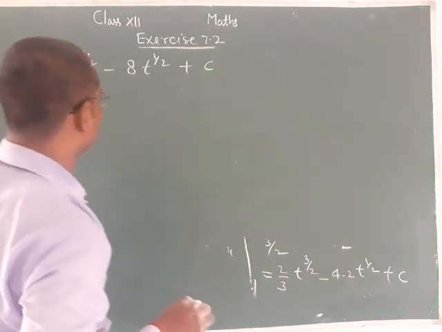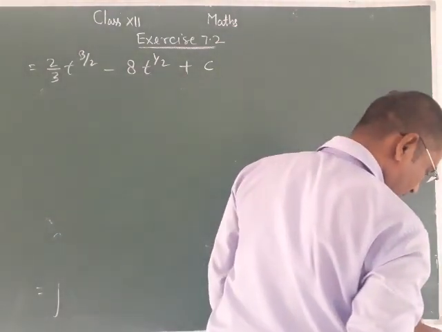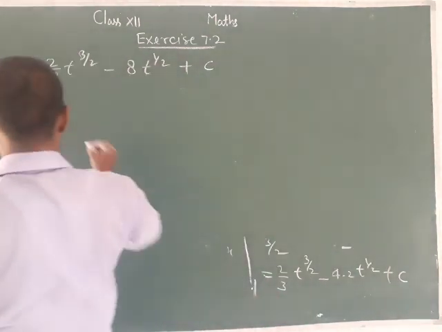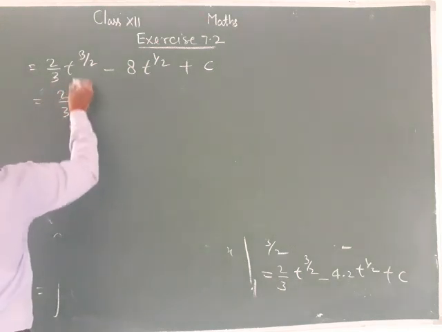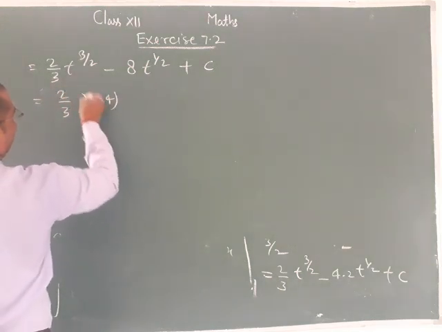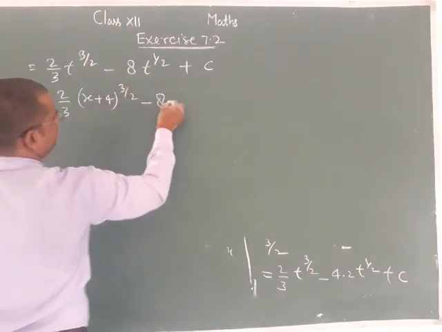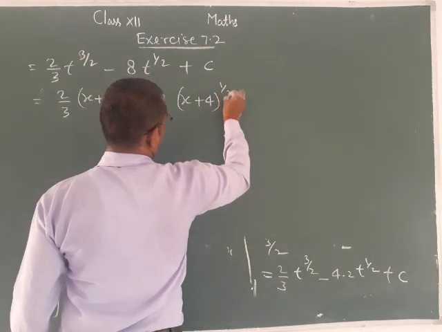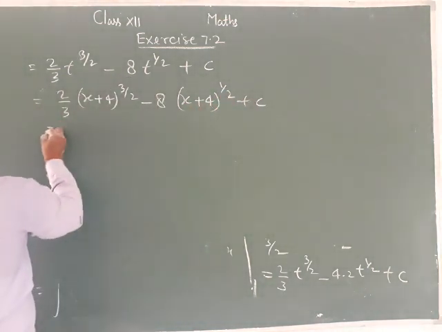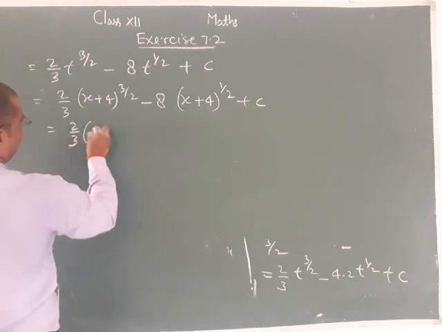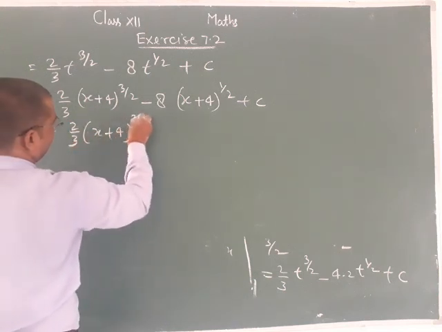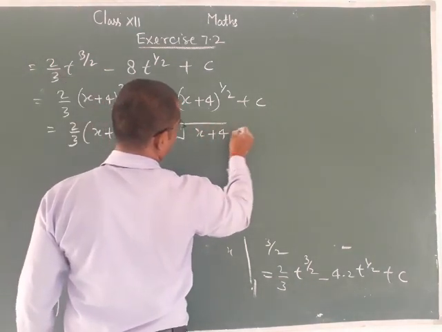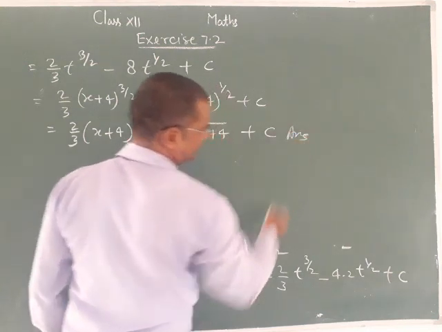So now put t is equal to x plus 4. So 2 upon 3 (x plus 4) to the power 3/2 minus 8 (x plus 4) to the power 1/2 plus c. Also can write 2/3 (x plus 4)^(3/2) minus 8 square root of x plus 4 plus c. This is the answer.